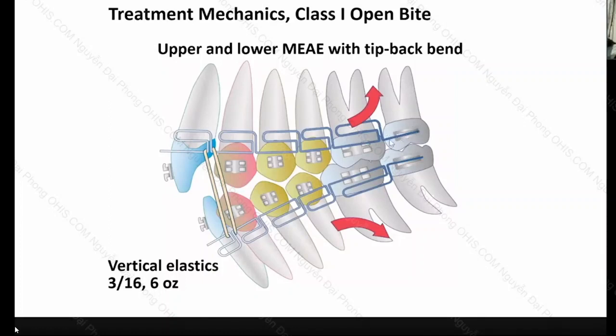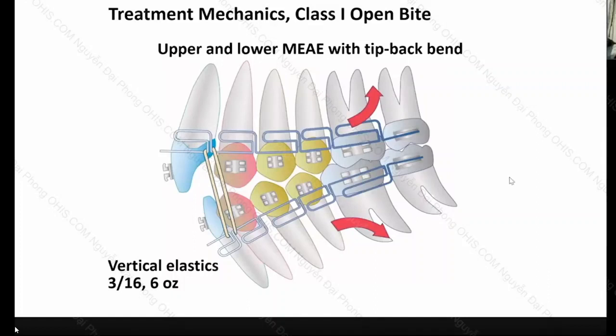Then close the anterior bite. I don't like to extrude anterior teeth. This is not stable. Therefore, just keep the anterior teeth, no extrusion, no intrusion. Then control the molar and occlusal plane.